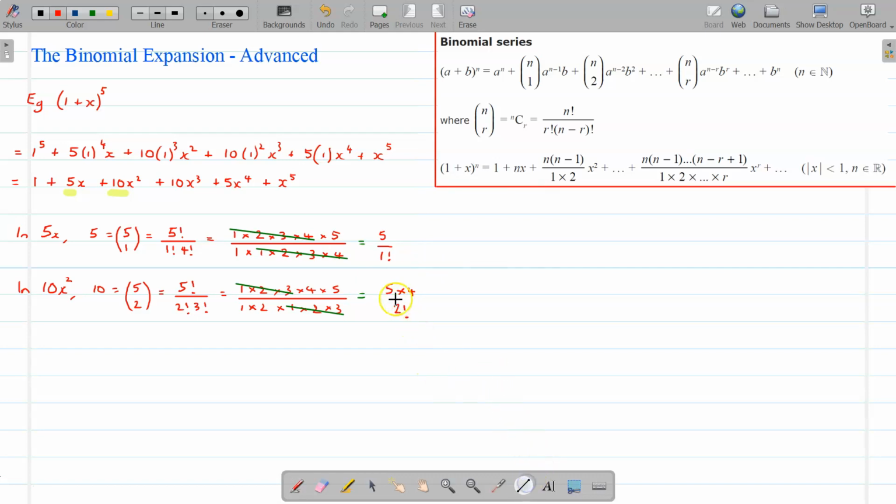Okay. Now I'm just going to do the next one as well. Now that's also 10, but you see that 10 has come from the not 5c2 but 5c3. Okay, so in 10x cubed, right, the 10 has come from 5c3.